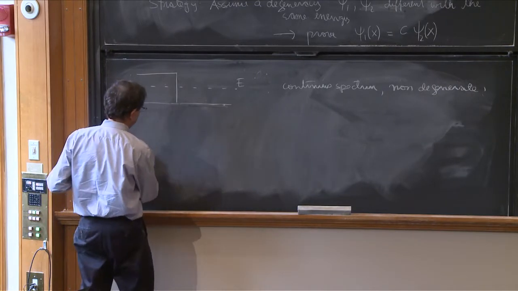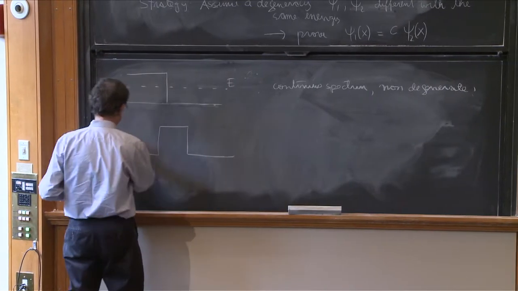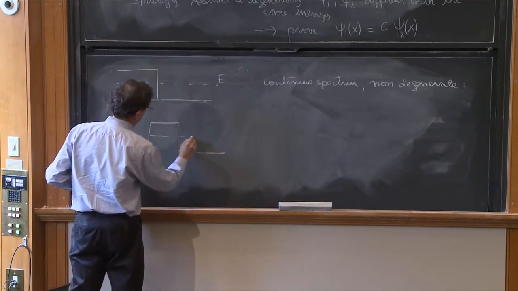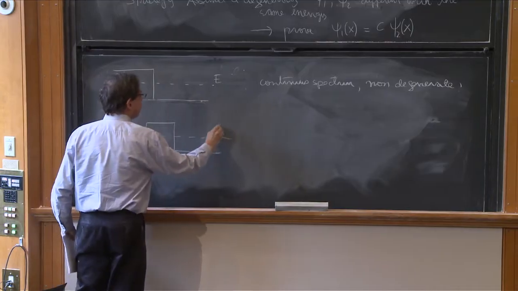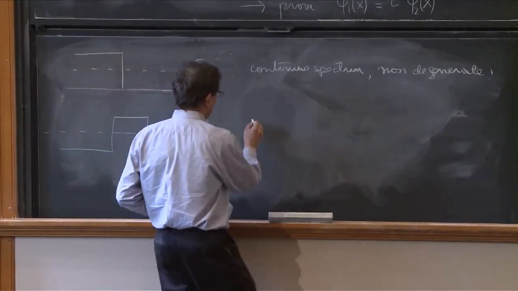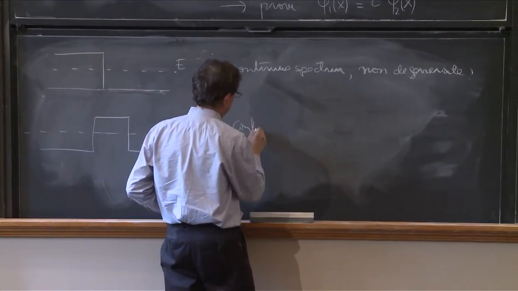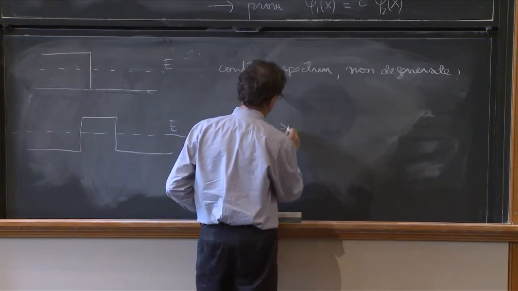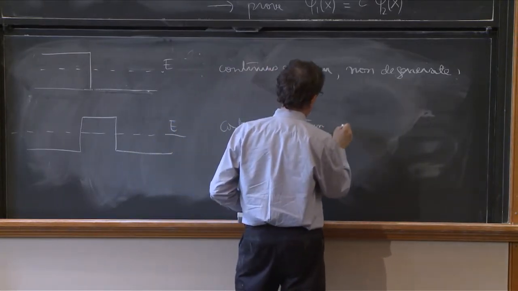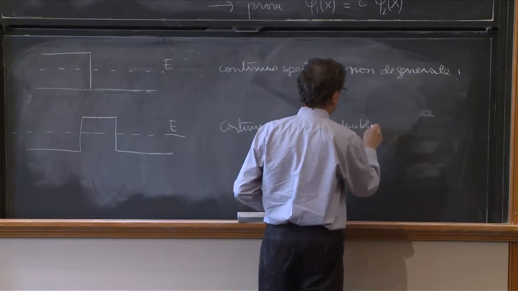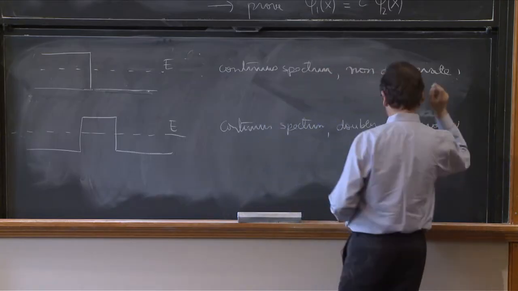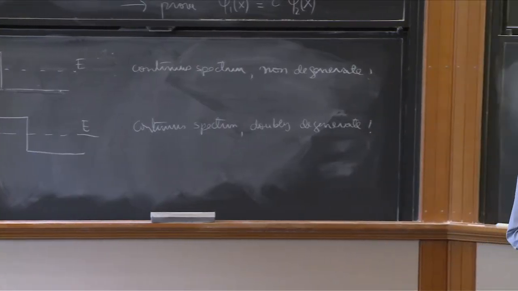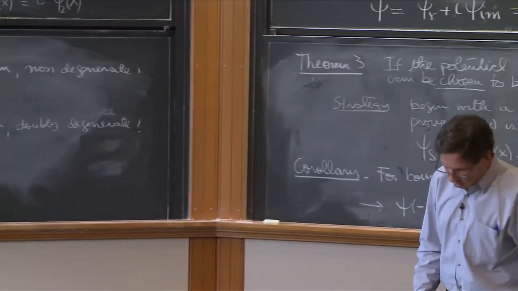Finally, this case, if you have an energy like this, E, you get continuous spectrum and doubly degenerate. So 2 solutions.